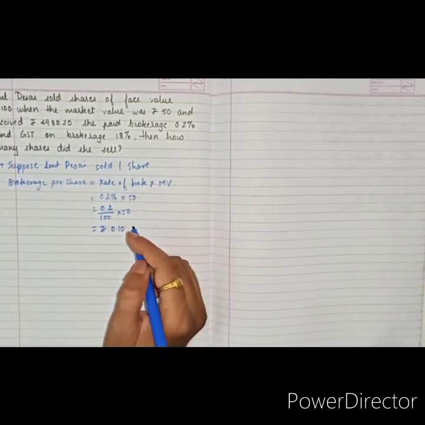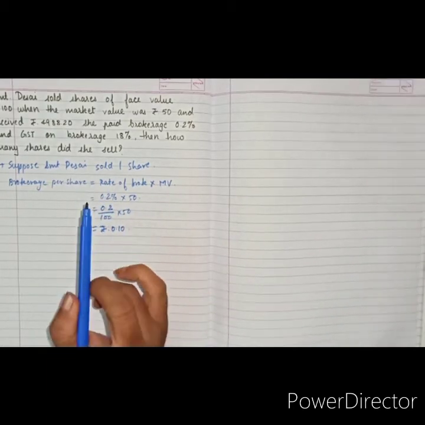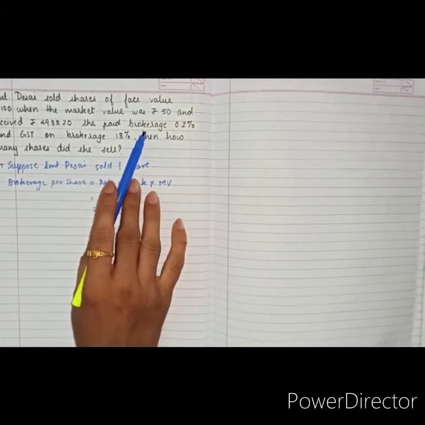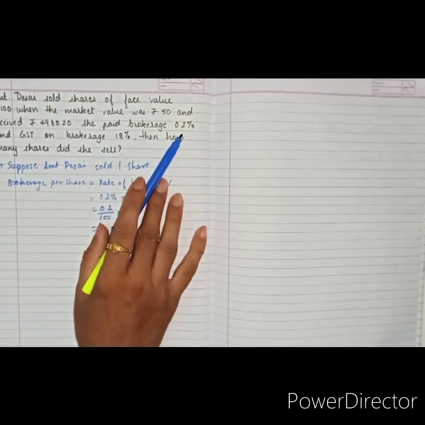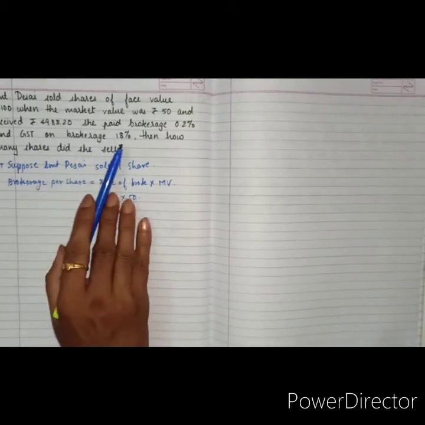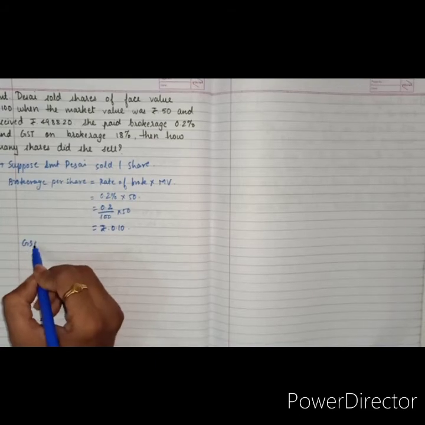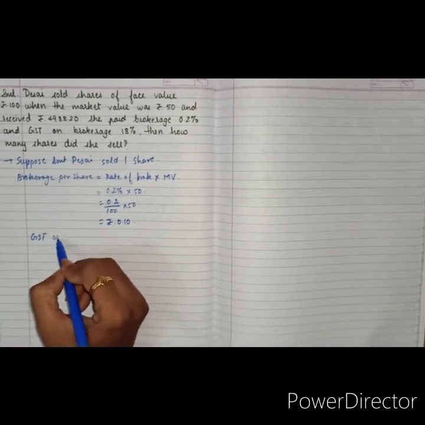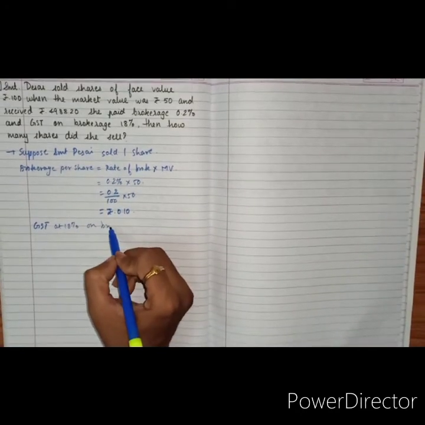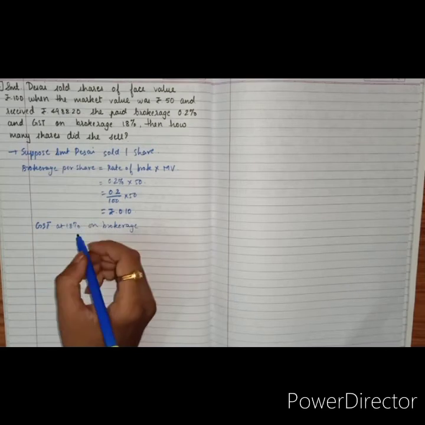Now understand, this is brokerage per share. On this brokerage, GST was also paid, and GST on the brokerage was 18%. So you need to calculate GST at the 18% rate on the brokerage.